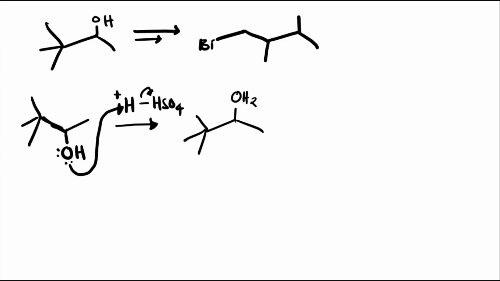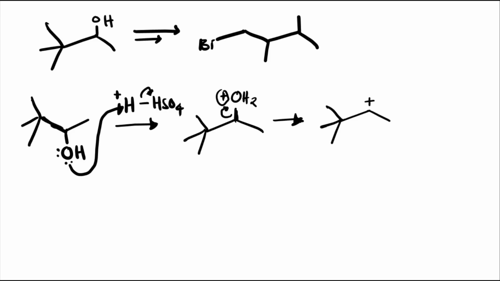When oxygen is bonded to 3 covalent bonds, it becomes positively charged. So when it becomes protonated, the water is going to leave. When it leaves, it will form a carbocation intermediate here. This carbocation that is formed here is adjacent to this carbon here that has got a lot of methyl groups.